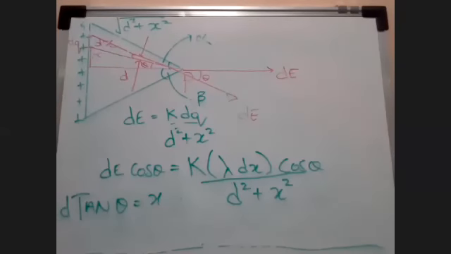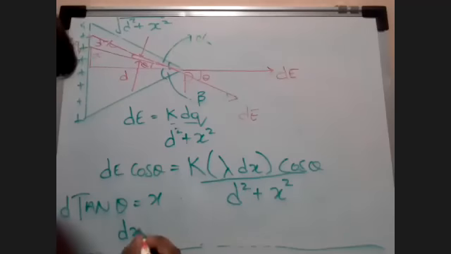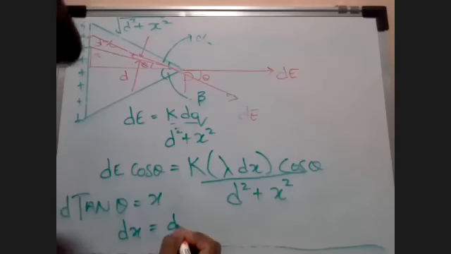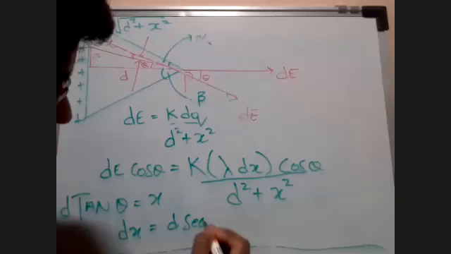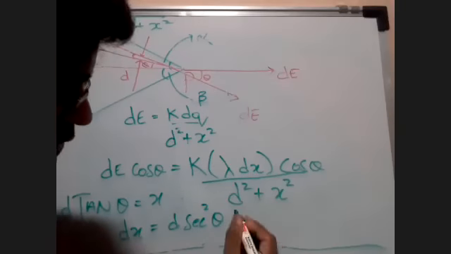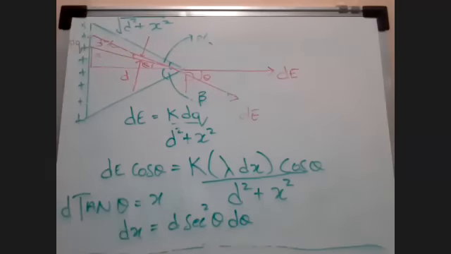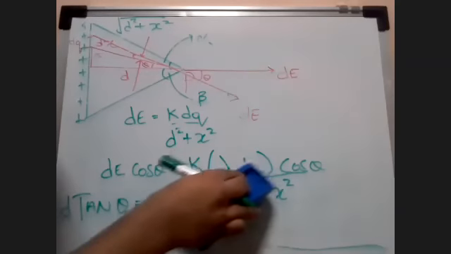And what will be the differentiation of this? The differentiation of this will be dx equals d sec square theta d theta. So instead of writing dx over here, we will write d sec square theta d theta, and so we will substitute that small amount of dx.